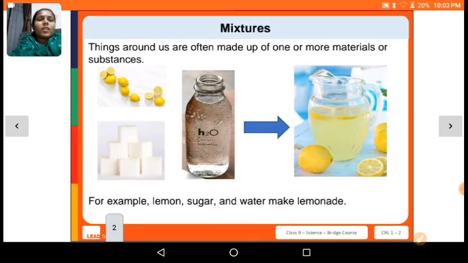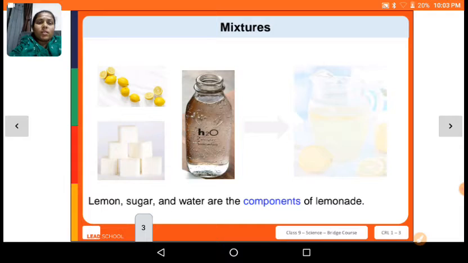Mixtures. Things around us are often made up of one or more materials or substances. For example, lemon, sugar, and water make lemonade. So, many single things mix together to form a mixture. Here is an example of lemonade, in which water, lemon and sugar are used to make lemonade.